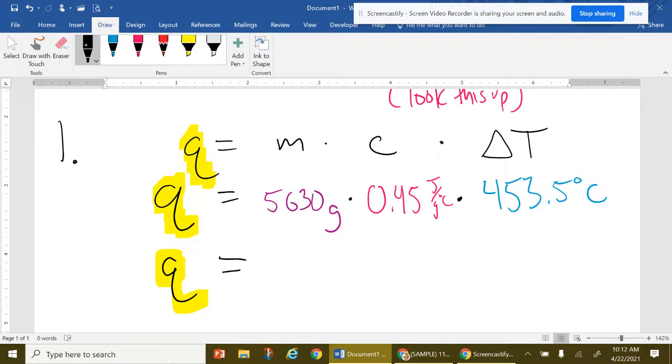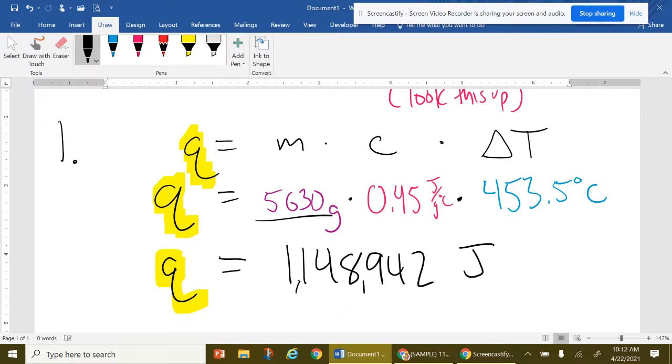These energy questions are often going to give you big answers. 1,148,942, or approximately 1,148,942 joules, and that's because this is a large piece of iron, and you're increasing its temperature by a lot, so it makes sense that this is a large number.